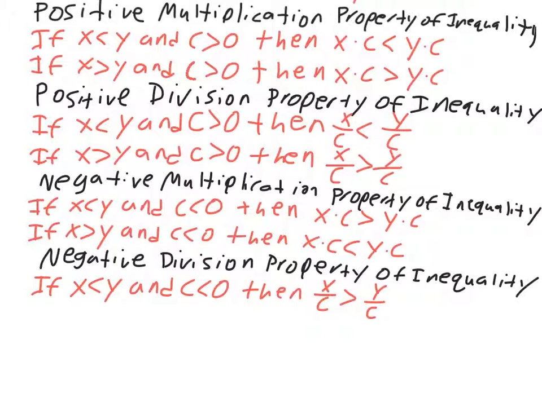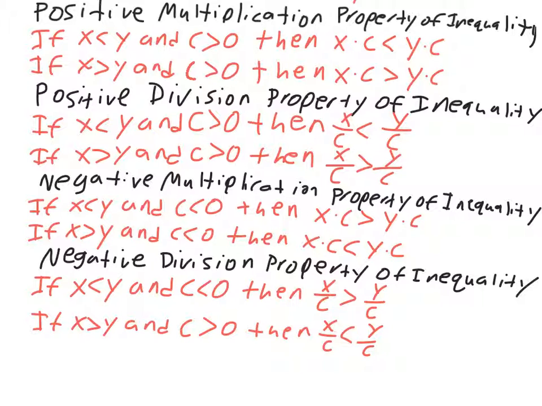So we divided both sides by a negative number. So again, we change the sign. And if x is greater than y and c is greater than 0, then x divided by c is less than y divided by c.